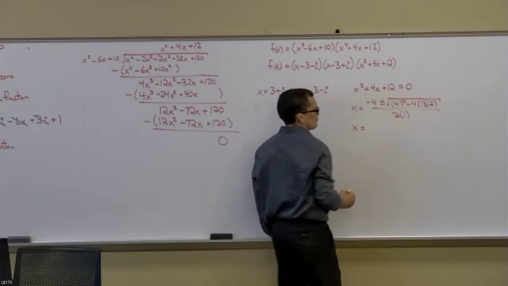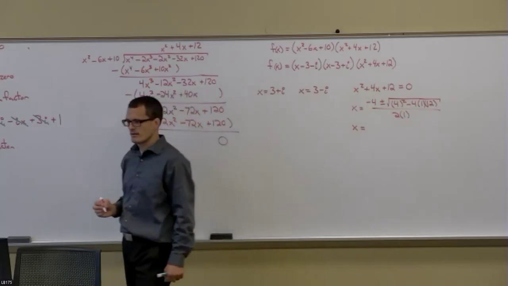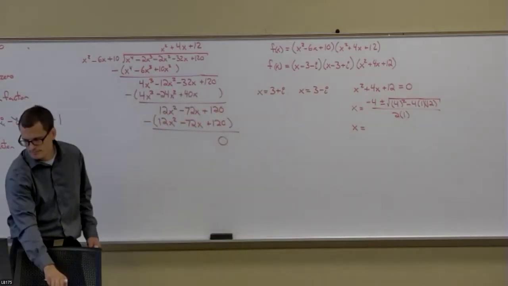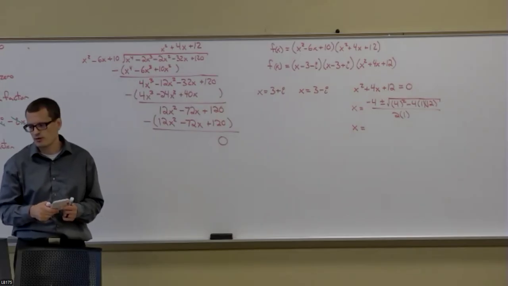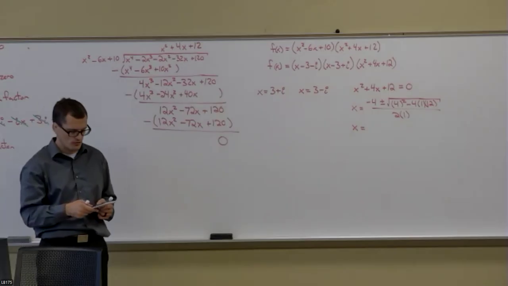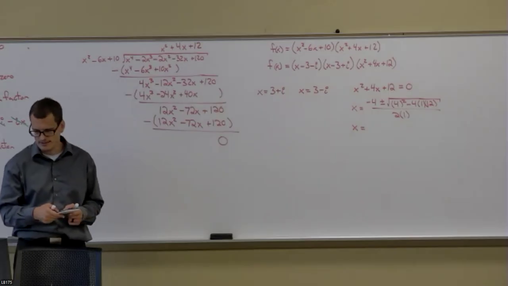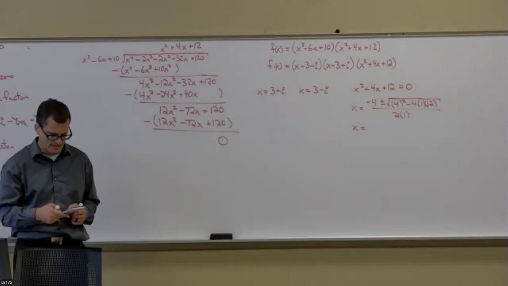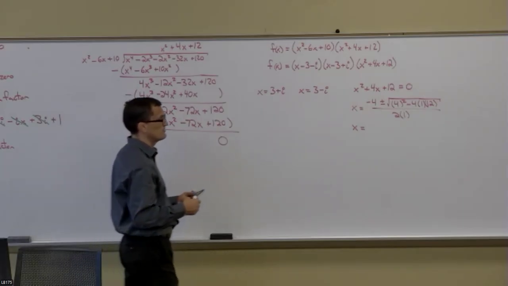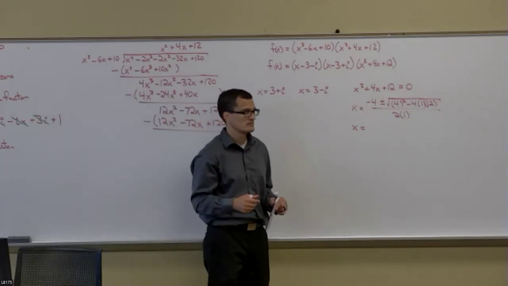I know I'm writing pretty quickly, but opposite of b would be -4, plus or minus the square root of b squared minus 4ac. That'd be 4 squared, 16, minus 4 times 1 times 12. And when I did that, I got a -32 underneath the square root.